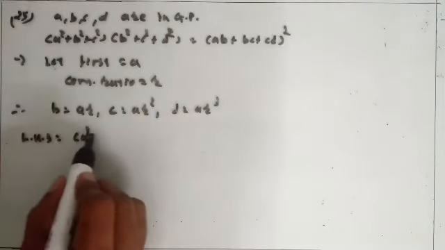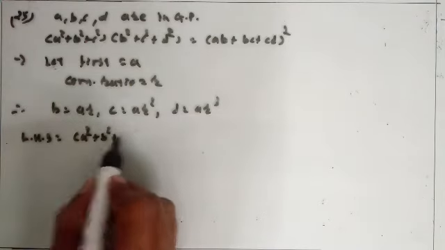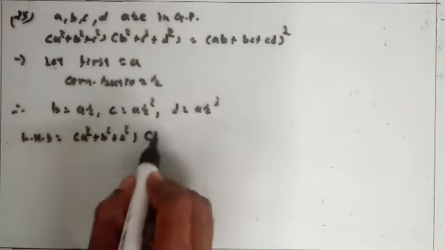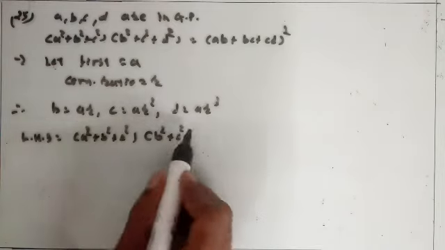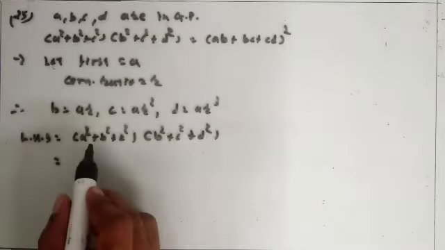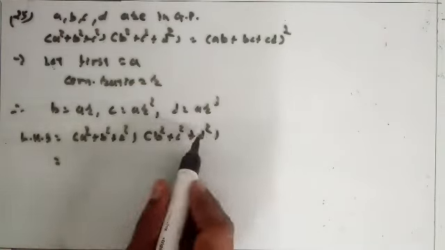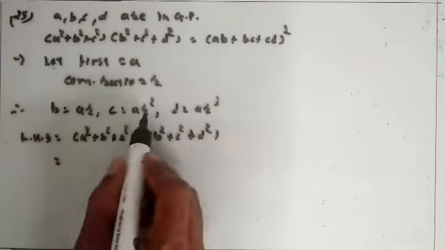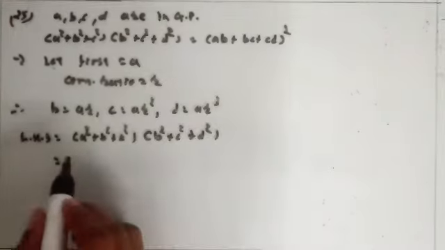take (a square plus b square plus c square) into (b square plus c square plus d square), is equal to, replace b, c and d by ar, ar square, ar raised to 3 respectively.